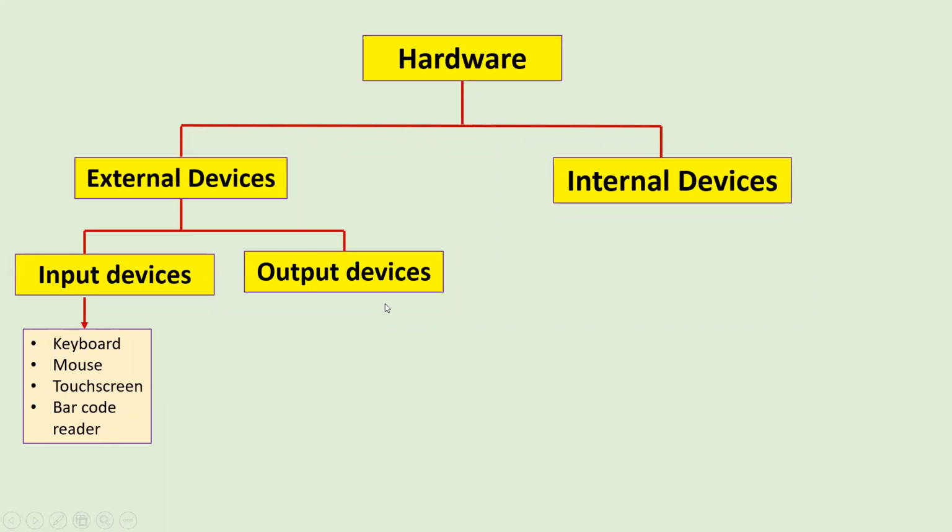How output is displayed. Mainly, they are using these devices: printer. If you want to get the output through a paper output, you can use a printer. Or plotters, also paper output. Speakers. Then one major output is missing here. Can someone tell what is that?